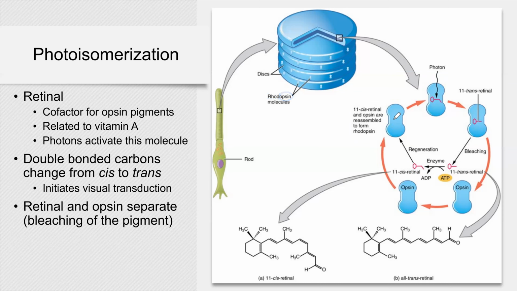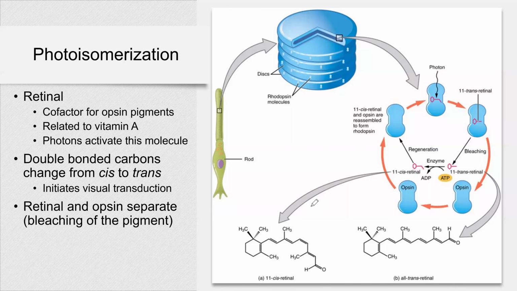So you have your rhodopsin, retinol and opsin, and retinol in a cis form. So when it's dark, this is how it exists. When photon strikes, we have bleaching of pigment or separation of trans retinol and opsin. So again, this will be important in a minute.